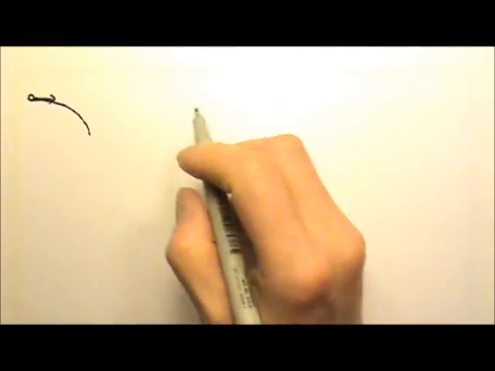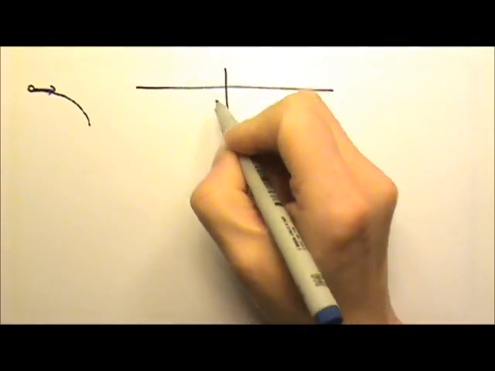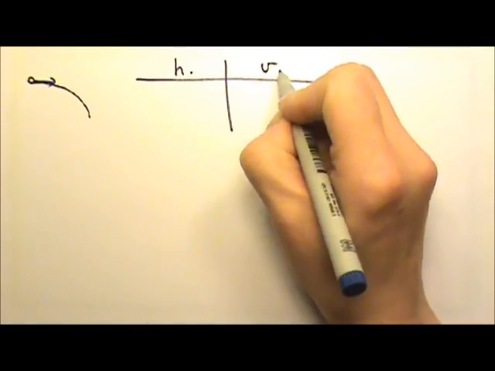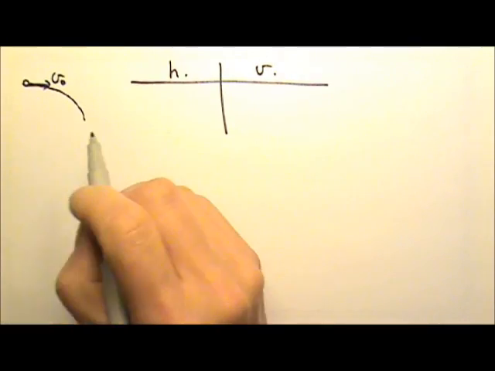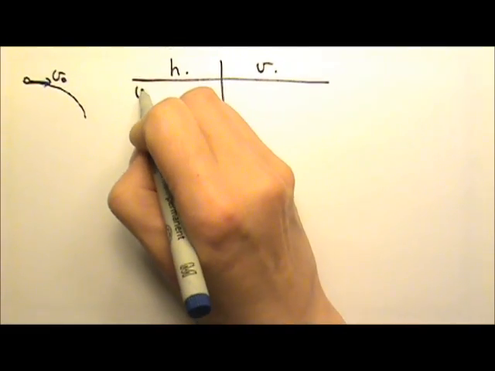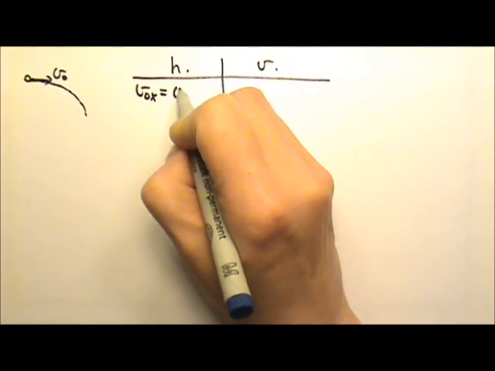We can have a projectile that is shot horizontally. This projectile is going to go like this and follow a parabolic path. Again, we should separate the horizontal side and the vertical side. If this is the initial velocity V0, that is the velocity in the horizontal direction.